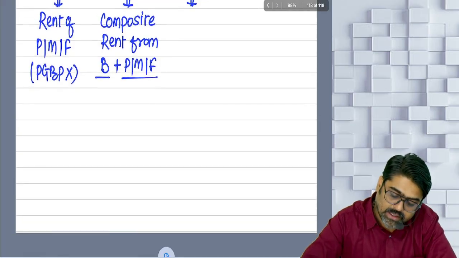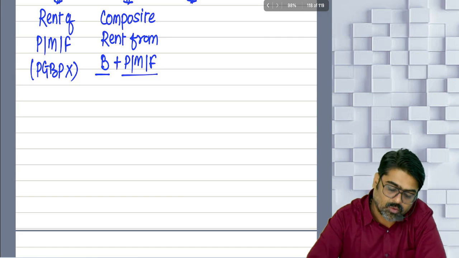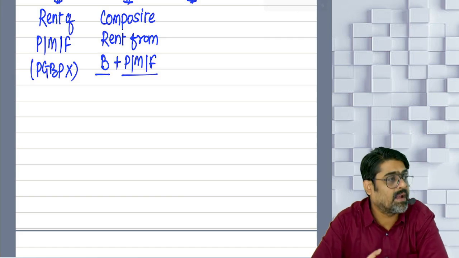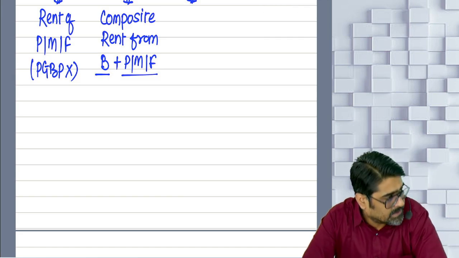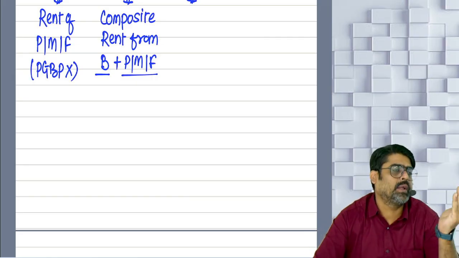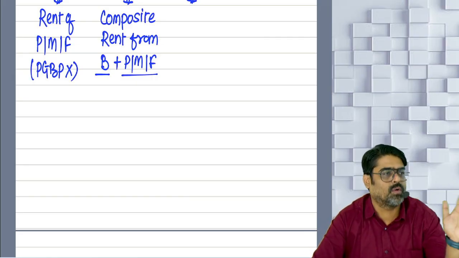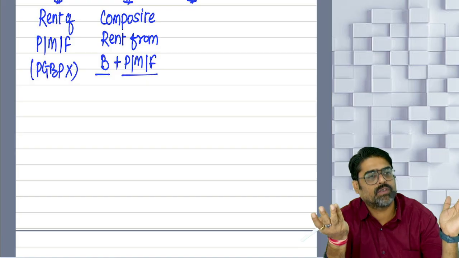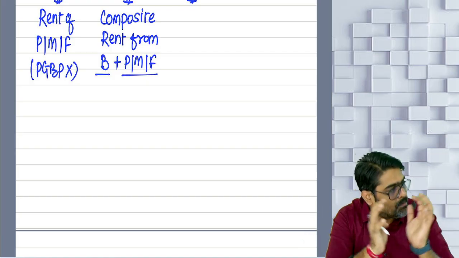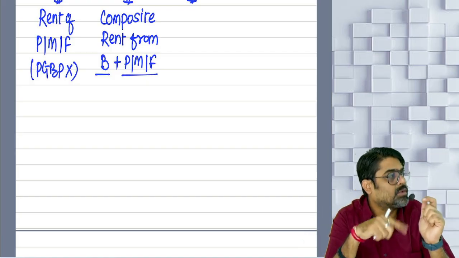This composite rent is coming from letting out my building along with plant, machinery and furniture. Is it the rent only for building? No. Is it the rent only for plant, machinery or furniture? No. It is a combined rent of these two assets.